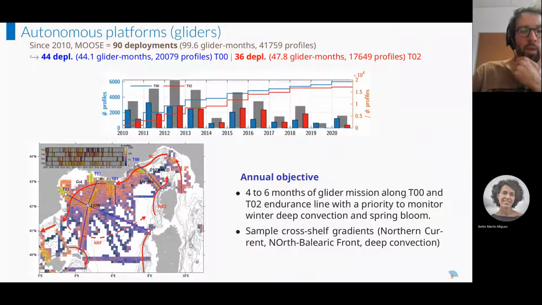As I say, in MOOSE we really focus on deploying gliders along two lines: the line between France and Corsica, and the line between France and Menorca, T02 and T00. The objective is to have about 4 to 6 months of glider data, and to really try to have data during the winter and during the spring when we have the bloom.